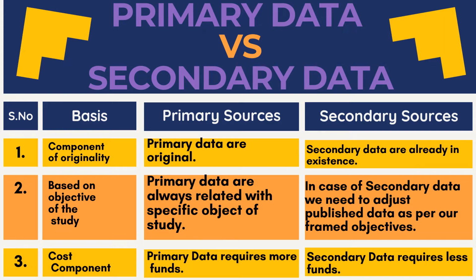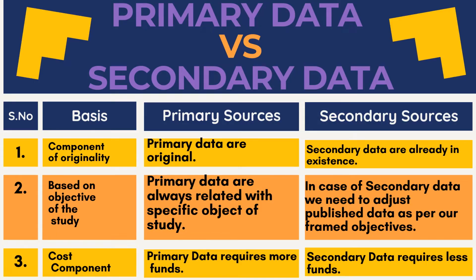In the second point we can say the bifurcation is on the basis of objectivity of the study. The objectivity of primary data is always related with the specific object of the study. We must be focusing on some specific point, but in case of secondary sources we need to adjust the published data as per our framed objective.